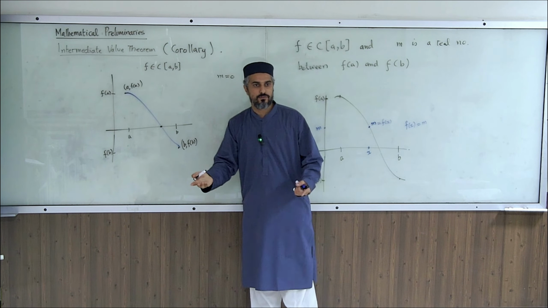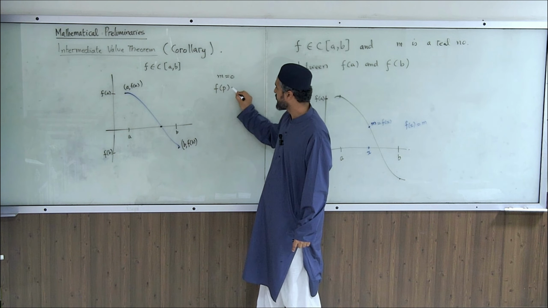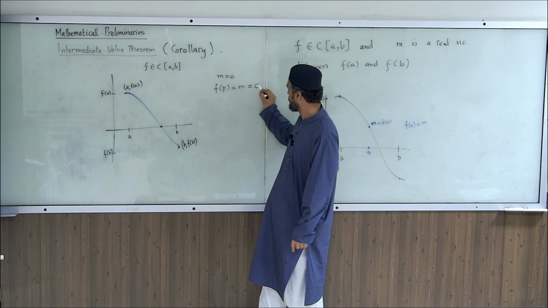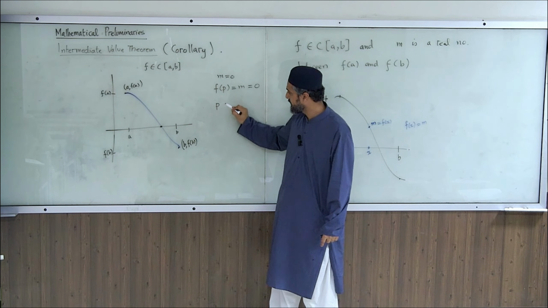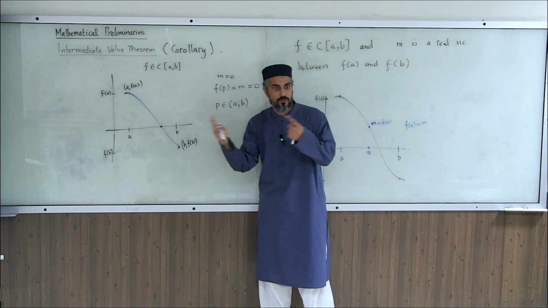0. The height is 0. Okay, so there is some point p for which f of p is equal to m, or in other words it is equal to 0. And this point p lies between a and b. It must lie between a and b.